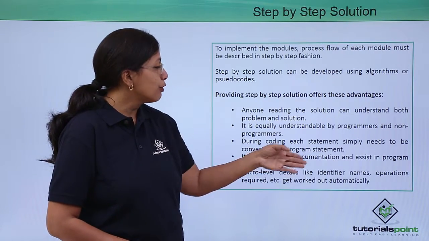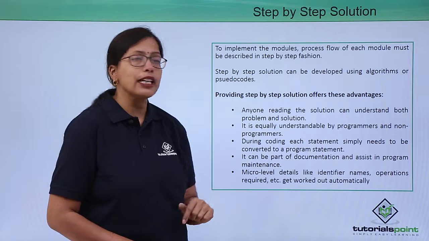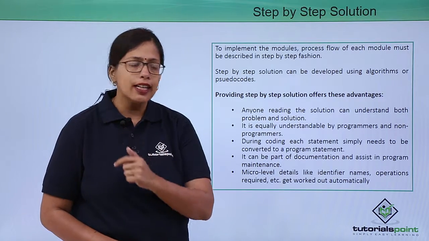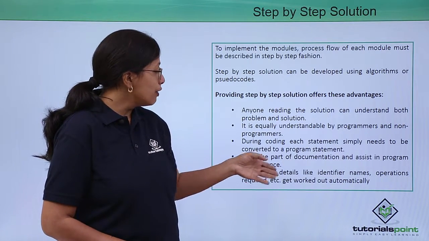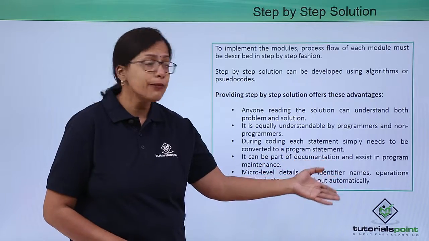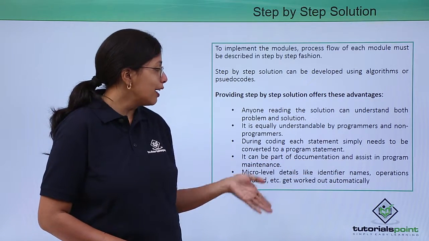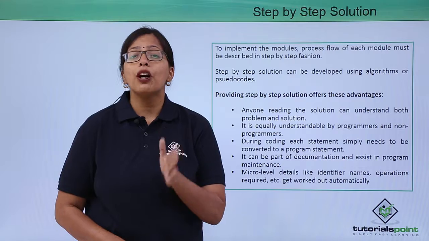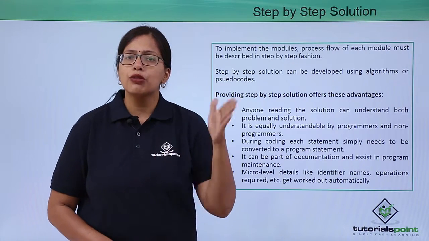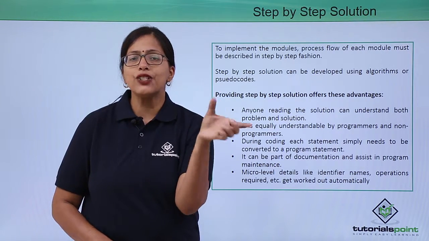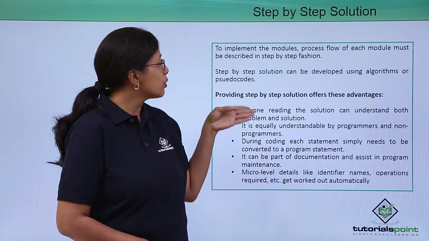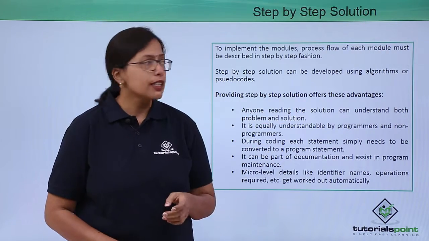It can be part of documentation and assist in program maintenance at a later stage. Micro level details like identifier names, operations required, etc. also get worked out automatically because the pseudocodes are written for each level. So, this is the advantage.